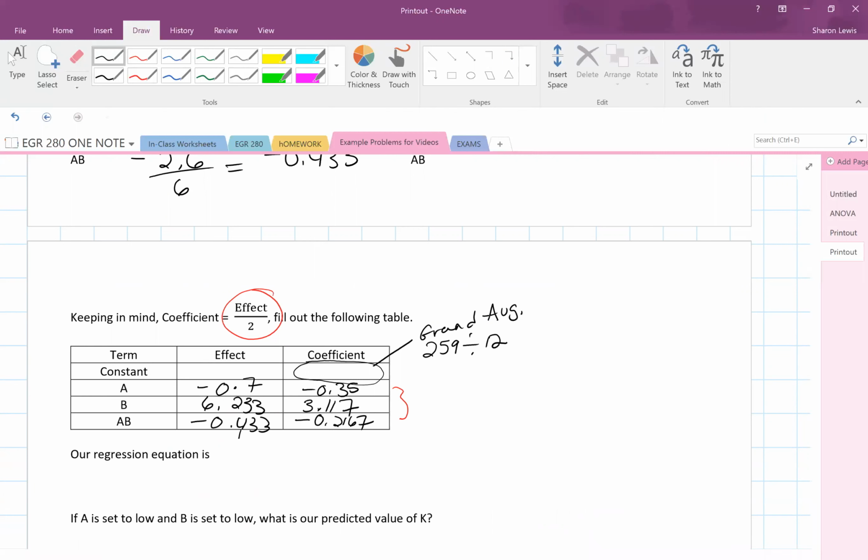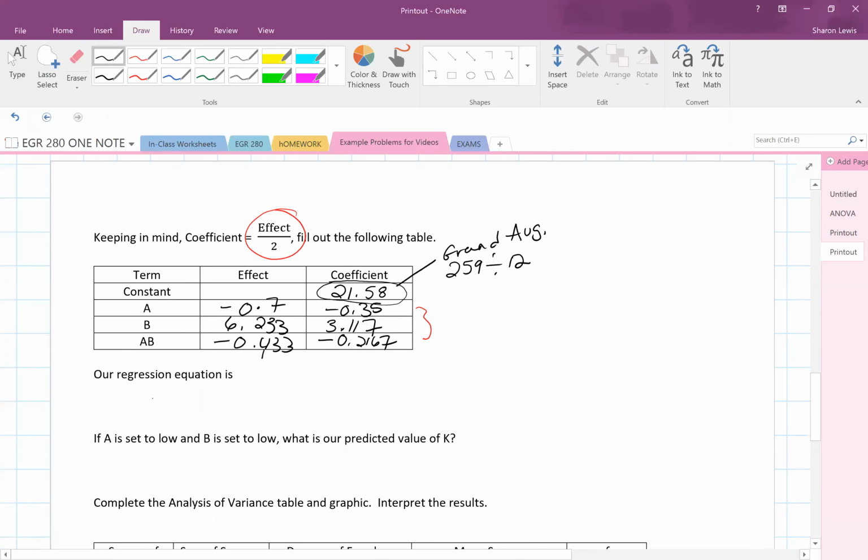Let me calculate that. 259 divided by 12, so our grand total divided by the number of data points that we have, is 21.58.